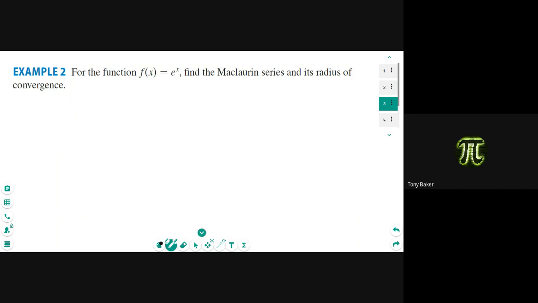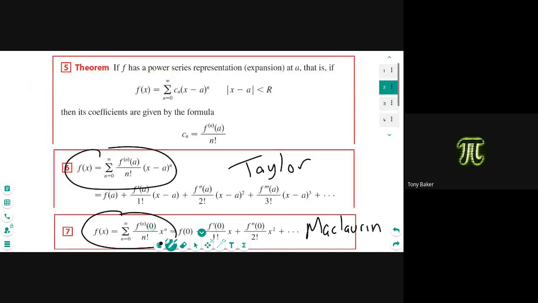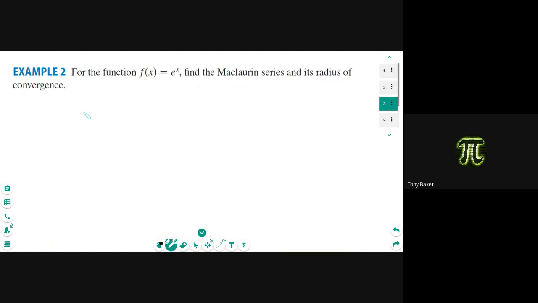Now it says we're going to use the McLaren series, not the Taylor series, which means we're going to use the zeros. All right, so we know that f of x is the summation of the nth derivative of f at 0 over n factorial.